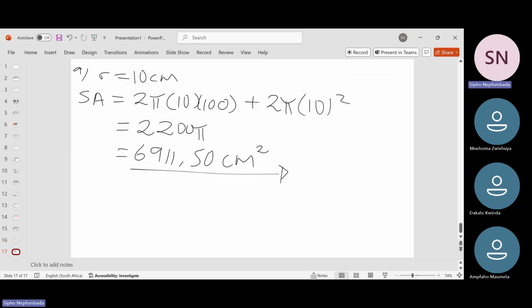Good. So it means we're going to substitute there. Dakaro, are you following? Yes. This is 2 pi into 10 multiplied by 100 plus pi into 10 to the power 2.